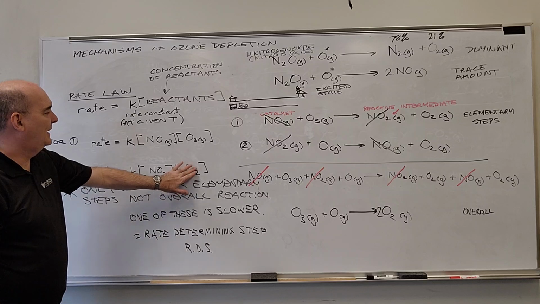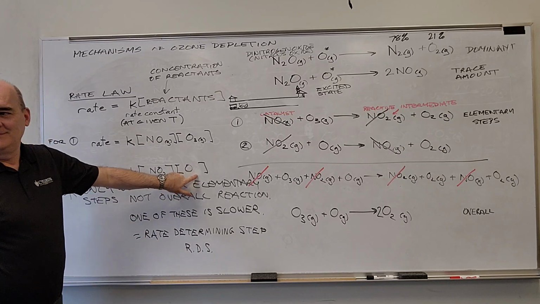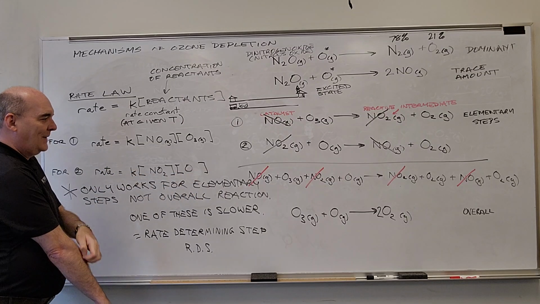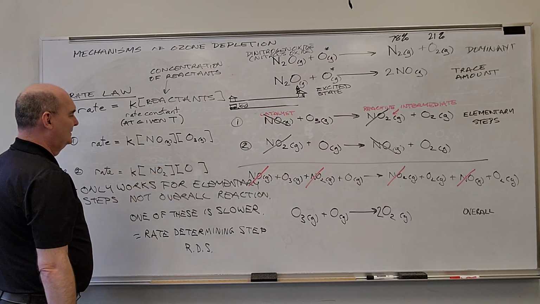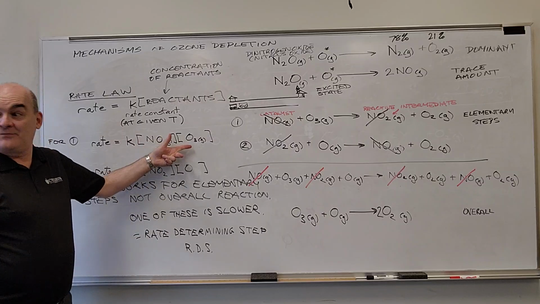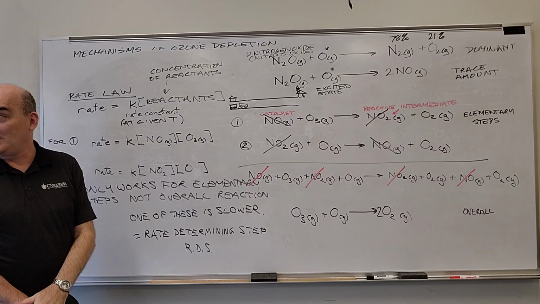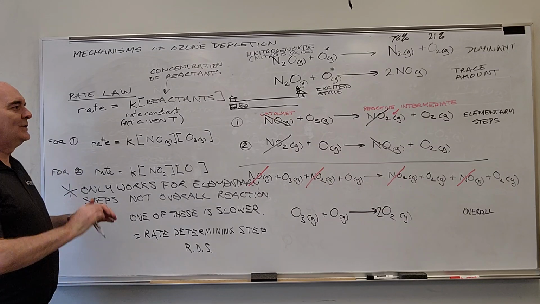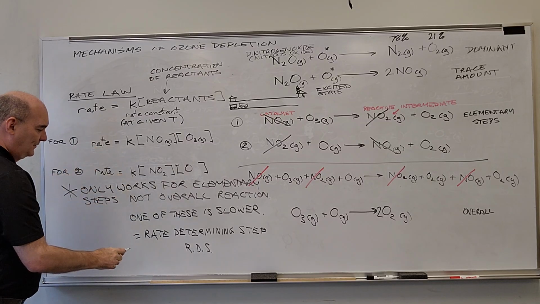Oh no, I did it wrong. Fix it in your book. Neither of them has both the ozone and the monatomic oxygen. So whichever is the slow step, that becomes the rate law.